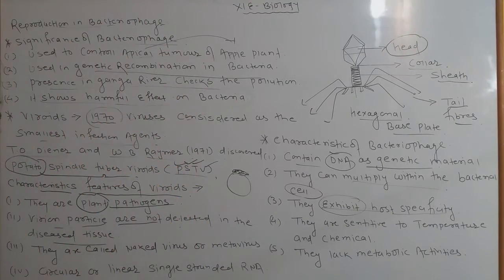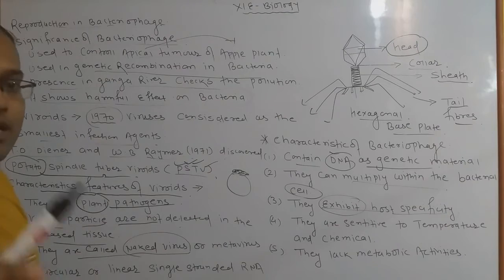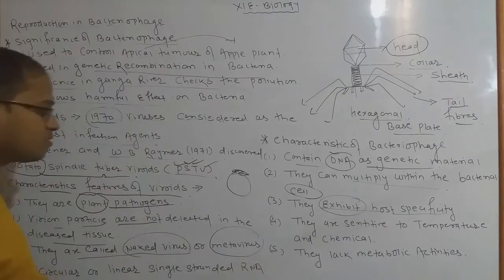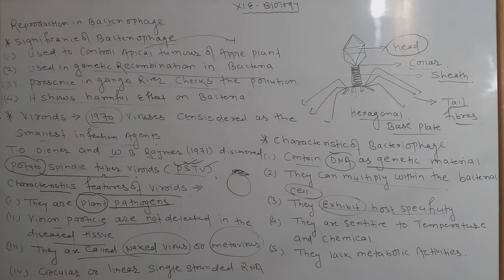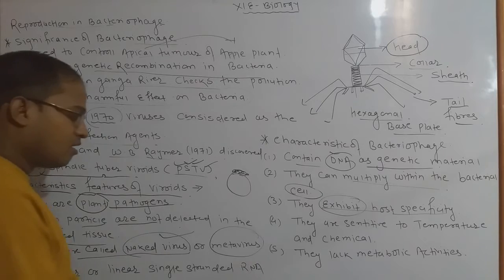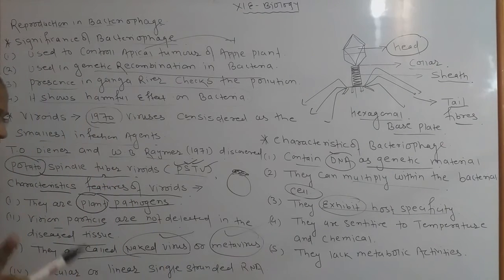Apart from that, they are called naked virus. Most important, sometimes viroids are called naked virus or metavirus. So the most important and interesting thing is that viroids are also considered naked virus and metavirus. You have to focus on that. After that we are going to discuss the structure of viroids, how viroids generally look.